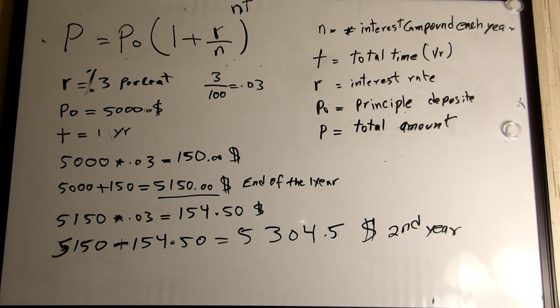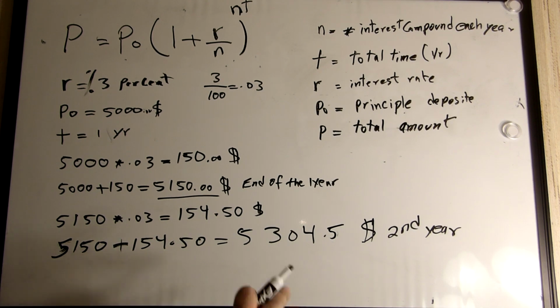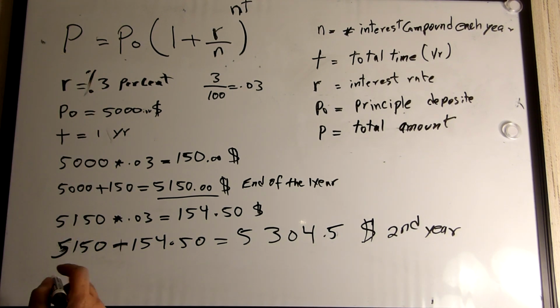So let's find it for another year, the third year. For the third year, you say that you have this much, and then you have the interest of that.